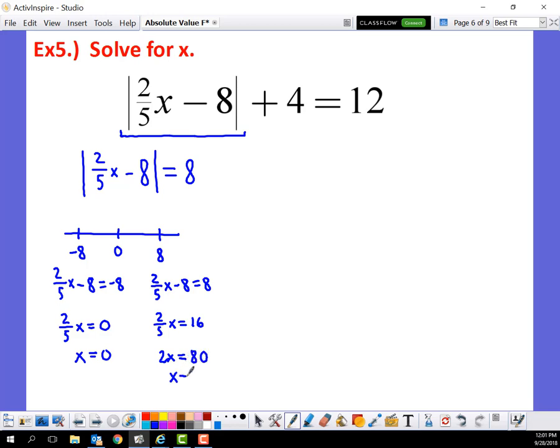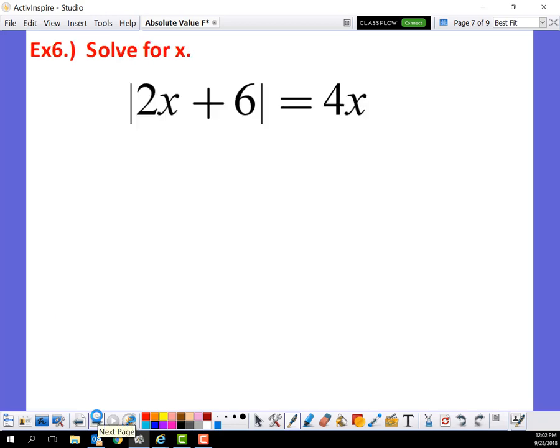Divide that by 2, and you get x equals 40. So there are my two answer choices, x equals 0 and x equals 40. You can plug those back in and double check, and you'll be pleased with that answer.